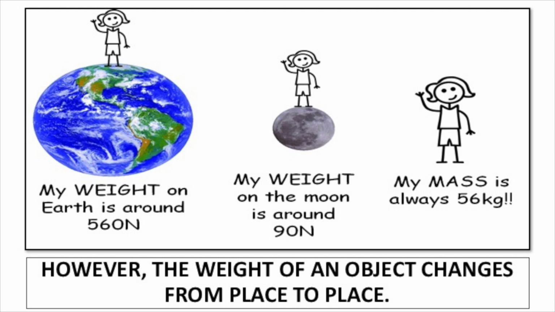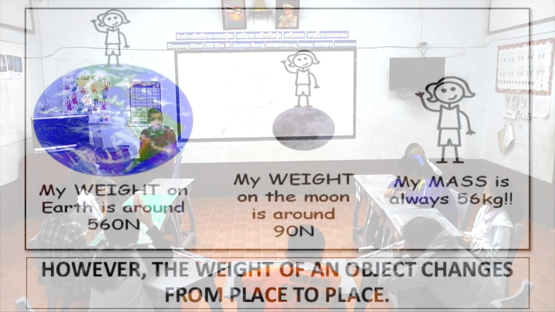And if we go to the moon, our mass on the moon, 56 kilograms. Mass does not change wherever we are. Weight changes based upon the gravitational force. Any questions, guys? Okay, that was brilliant. Very well done.